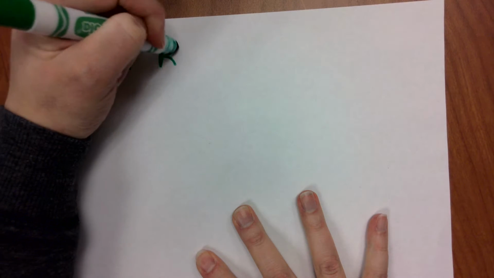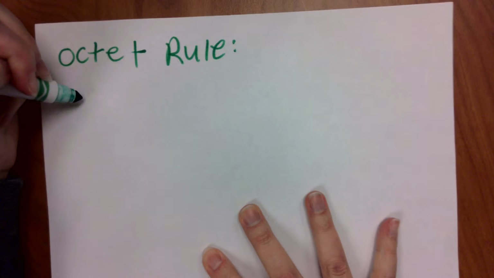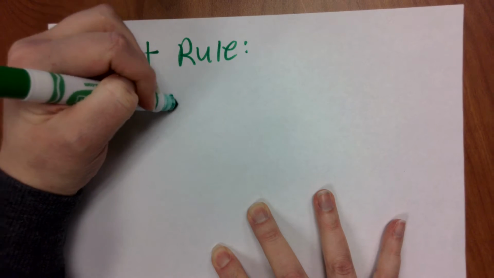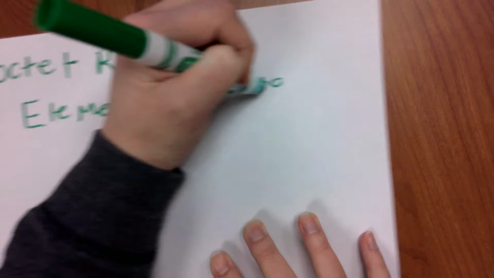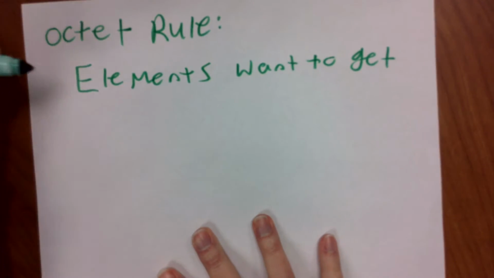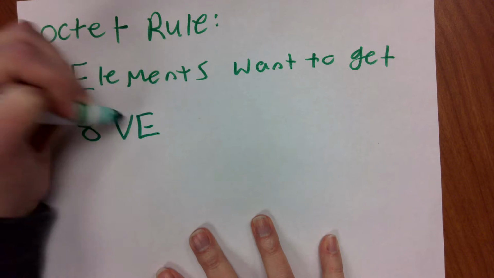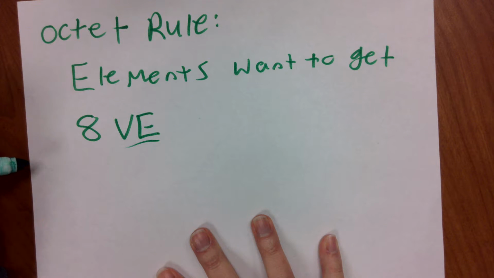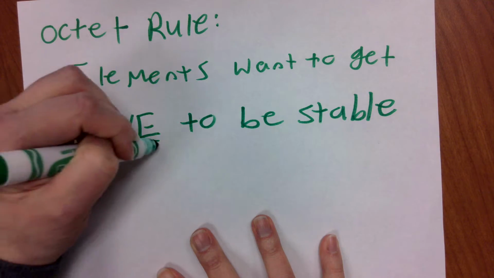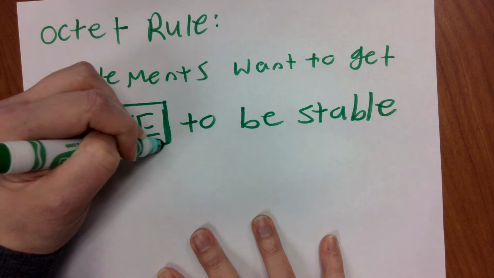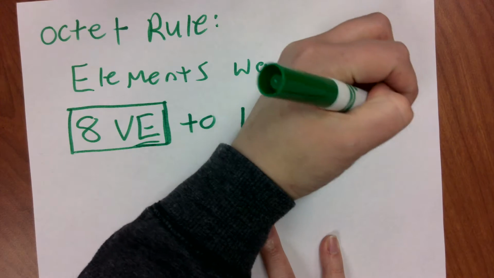And if you did your definitions, you know that the octet rule talks about elements wanting to get 8 valence electrons, or electrons in their outermost energy level or outermost shell, to be stable. 8 is that lucky number that all elements want to have in their outer energy level, with the exception of hydrogen and helium.